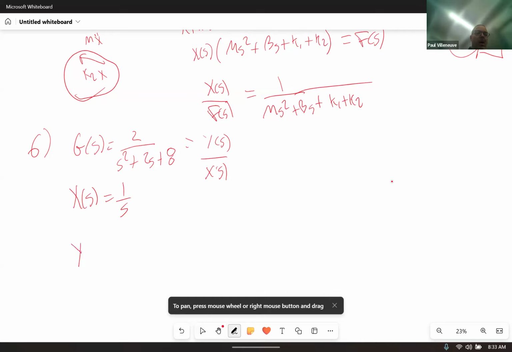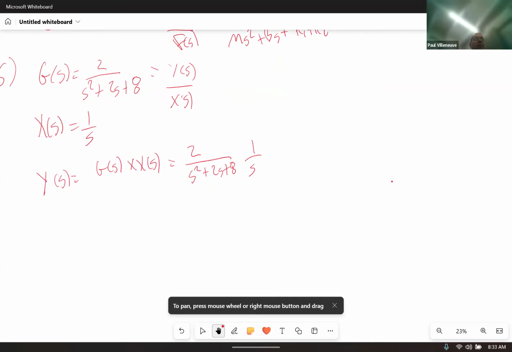So Y of s is going to be equal to G of s times X of s, which is equal to 2 over s squared plus 2s plus 8. Multiply that by 1 over s. Now I have to go ahead and take it to the time domain, right?